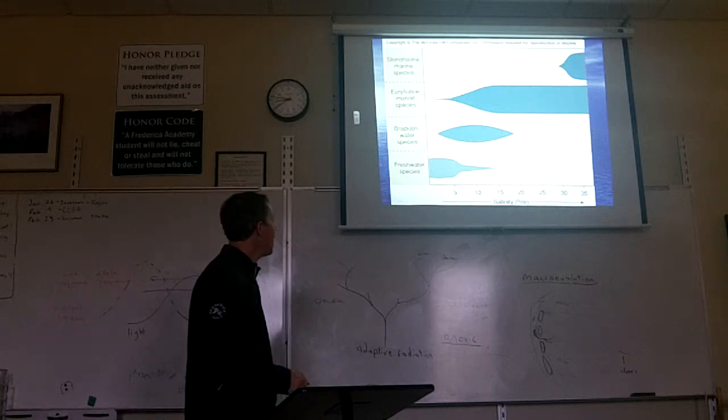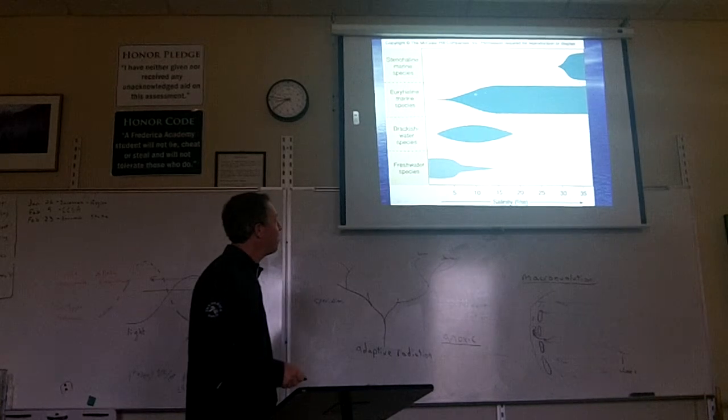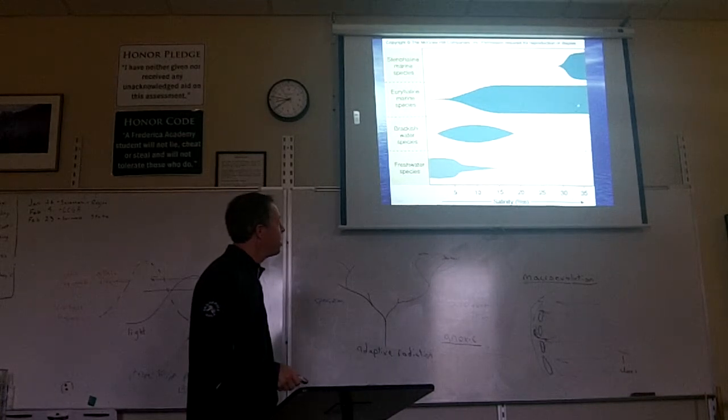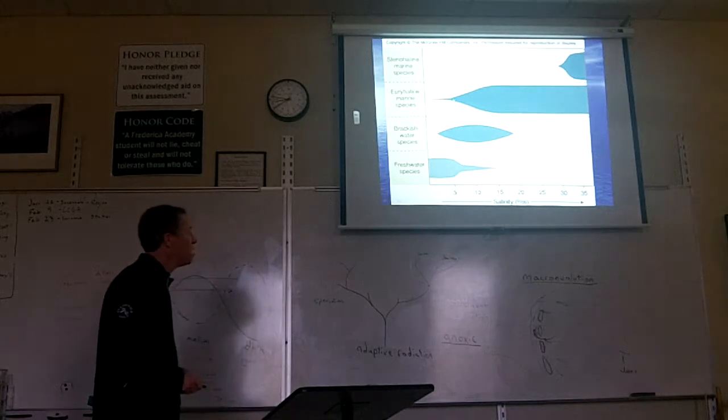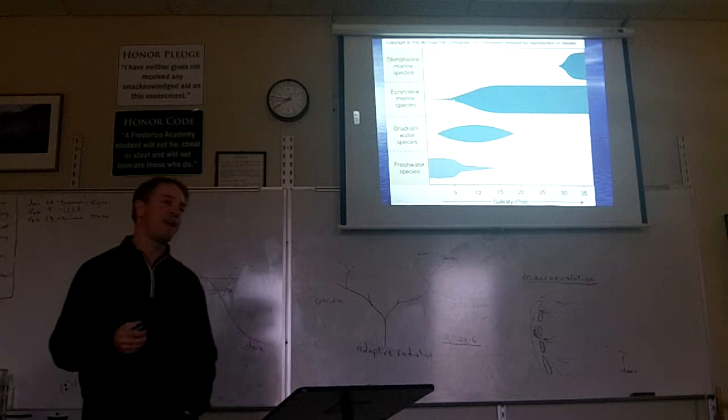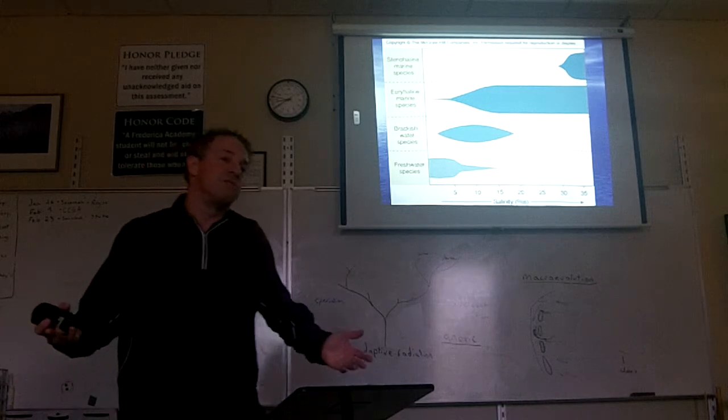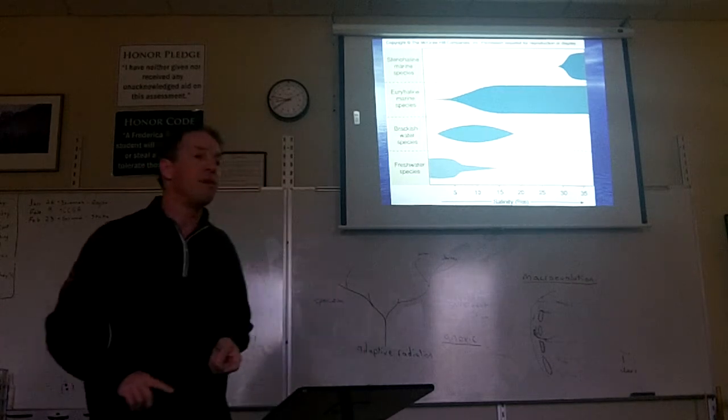A euryhaline marine species can survive at a variety of salinities. It can survive in the ocean and can still do well all the way up to 5 parts per thousand here, which is almost fresh. There's a lot of organisms like that. These are marsh organisms that you see. Crabs, shrimp.